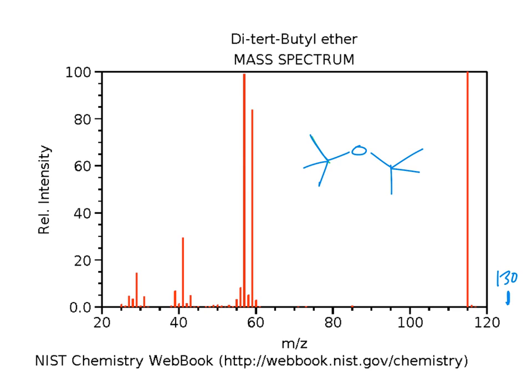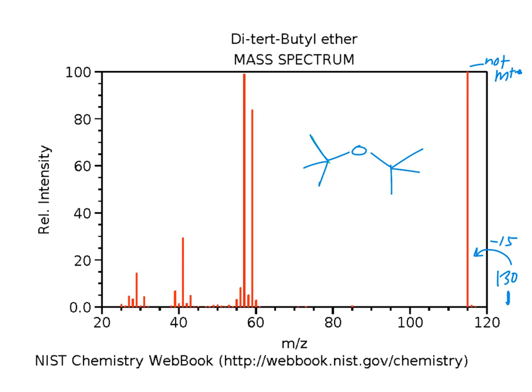So we're not seeing the molecular ion. And this is at 115. And so we're losing 15 to get to that ion.